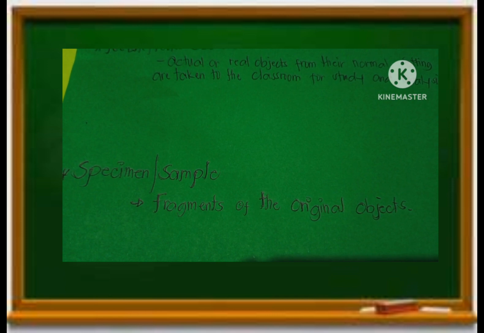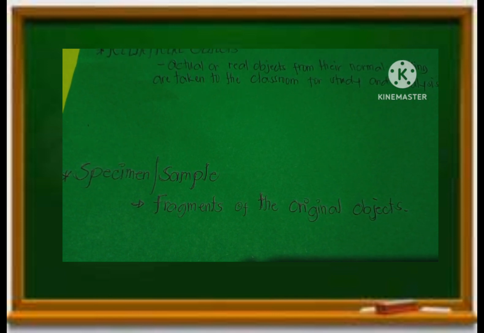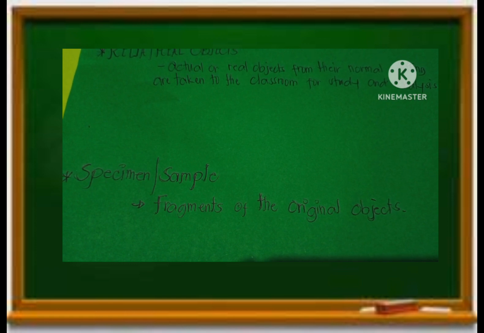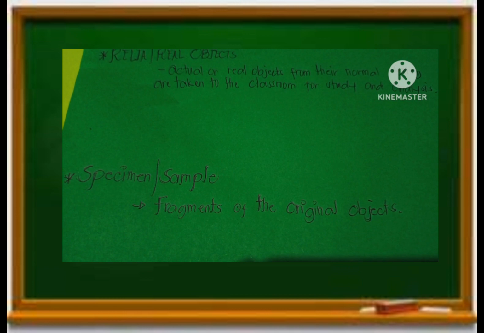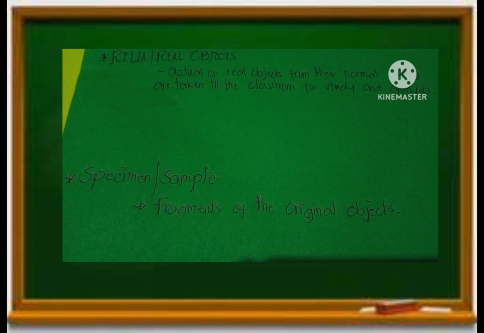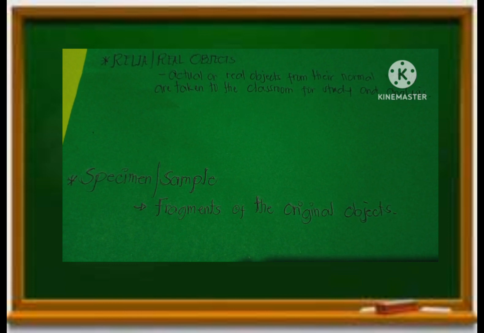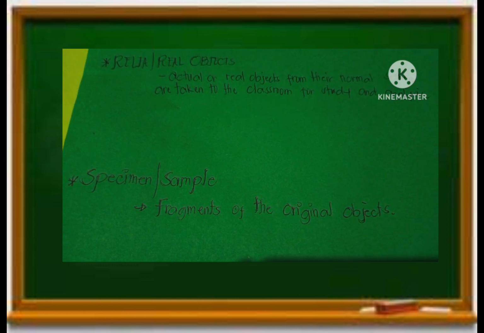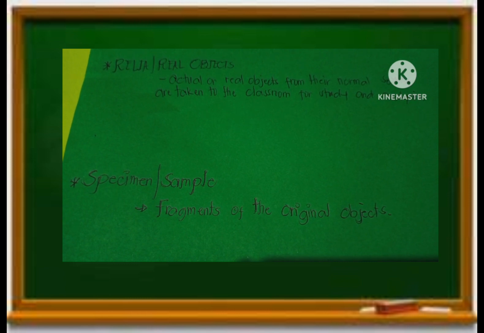And the fifth type of non-projected visual media is the specimen or the sample. It is the fragments of original objects, such as plants, animals, or parts thereof preserved for convenient inspection, or a sample of the real objects or materials.